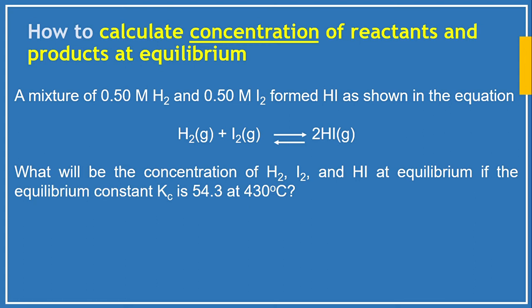Again, pag Kc, hindi natin kinoconcern yung sarili natin sa temperature. Hayaan muna natin yan. Okay? So, meron tayong given na Kc, tapos yung initial amount ng reactants natin. Gusto natin malaman yung magiging concentration ngayon ng reactants and products at equilibrium.